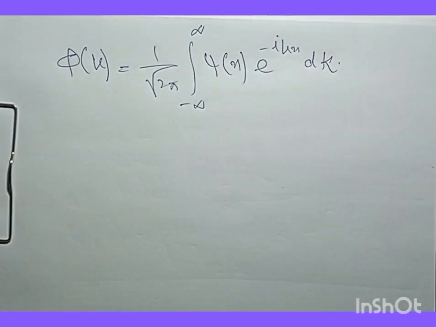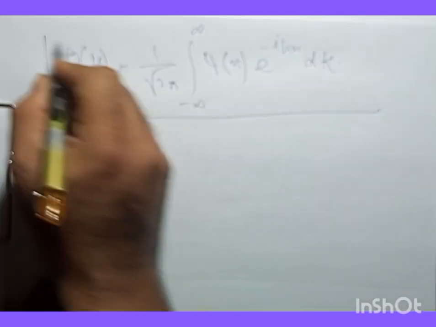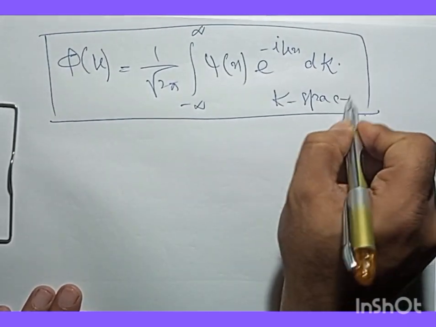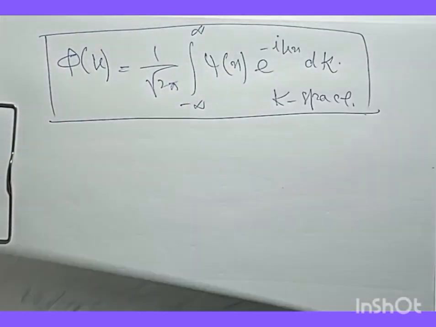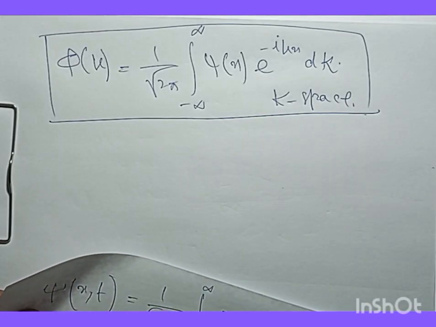So we have two equations. Let me write them down. I have the wave function in terms of k space, and obviously this k space has a link with the momentum of the particle.